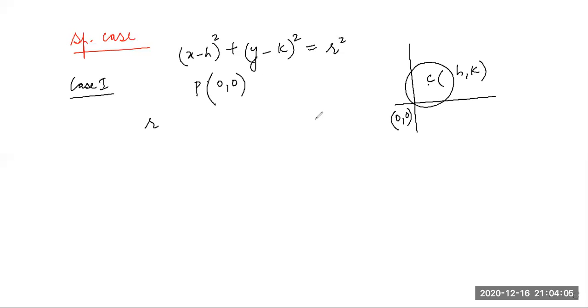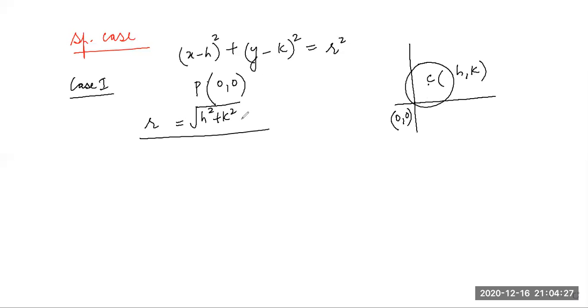Now what will be r in this case? r would be square root of h square plus k square. Applying the distance formula: square root of (h minus 0) square plus (k minus 0) square. Am I right, Ishma? r is square root of h square plus k square.